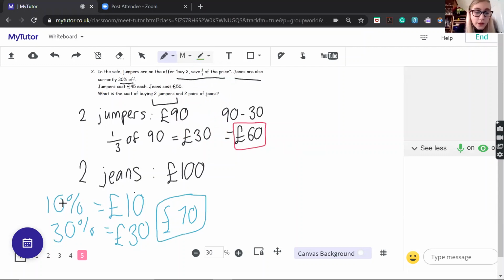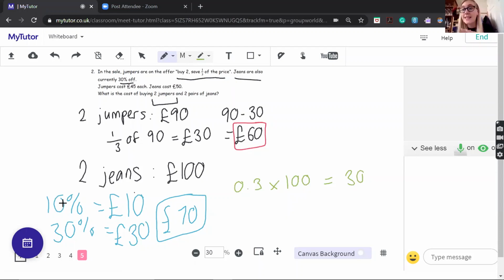Or we can do a little bit of conversion. So we can convert this to a decimal. So 30% as a decimal is 0.3. I guess there's kind of 3 ways that we can do this. And then we can do 0.3 times 100, which also gives us 30. So we know that it's then 70.